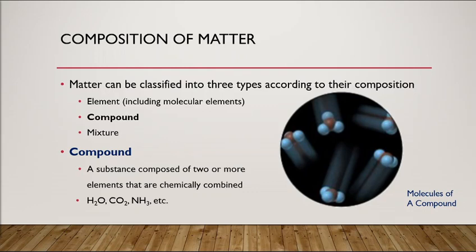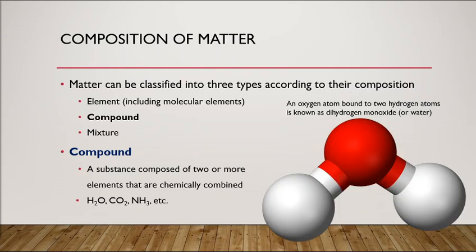Most of these are going to be atoms of two different types, up to however many different types of atoms, but they're going to be combined in a very oriented structure. By that I mean H2O has to be in the form of two hydrogens with one oxygen, but it also has to have these two hydrogens at very specific angles around this oxygen, and so on and so forth.